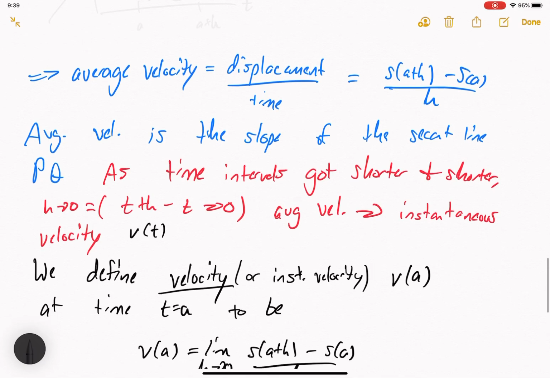And remember, the average velocity is equal to the slope of the secant line at those two points. Whenever those two points get closer and closer together, which equates to the time interval getting shorter and shorter, the average velocity goes to the instantaneous velocity at that time.